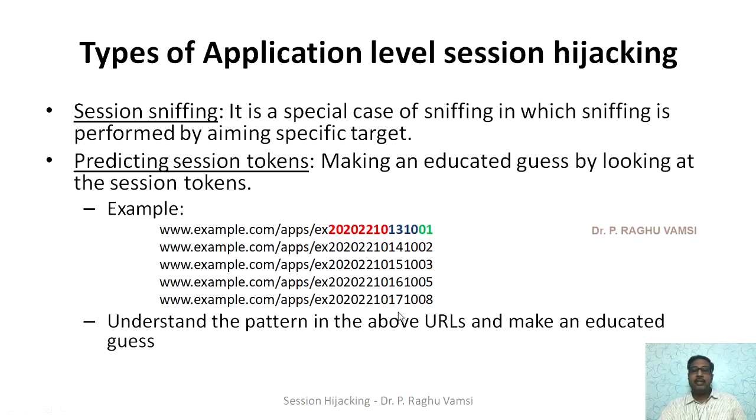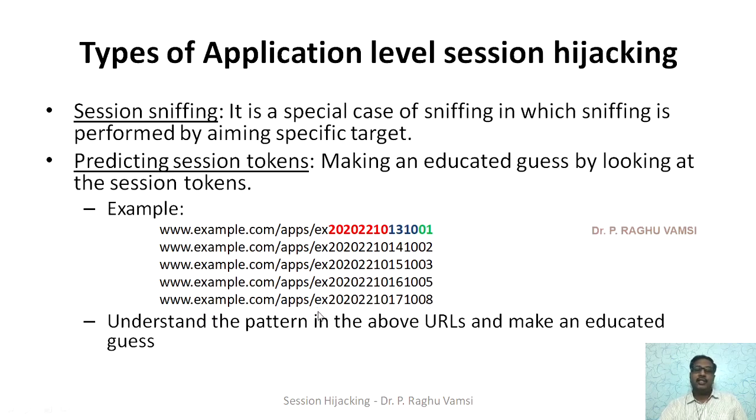Now the last pattern needs to be analyzed. It is like a Fibonacci series: 01 plus 01 is 02, 02 plus 03 is 05, 03 plus 05 is 08. So next could be 05 plus 08, which is 13.